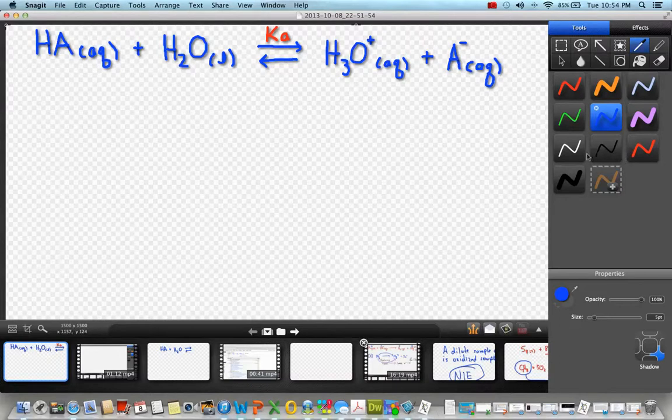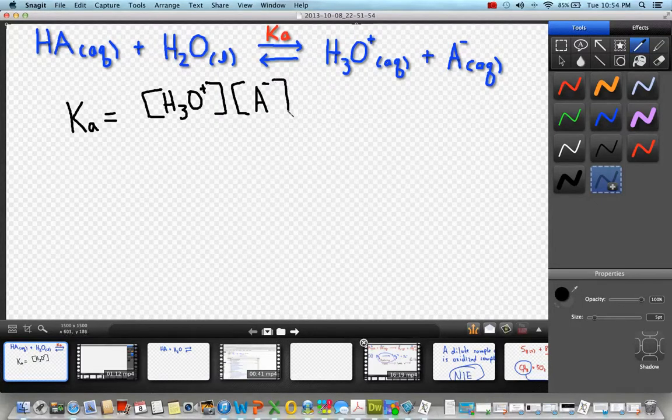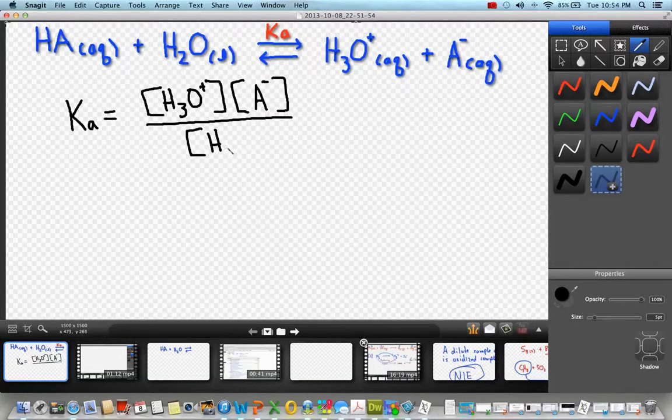We can use some algebra to write an equilibrium expression for Ka in terms of reactants and products. So Ka is equal to the concentration of hydronium times the concentration of A- divided by the concentration of HA.